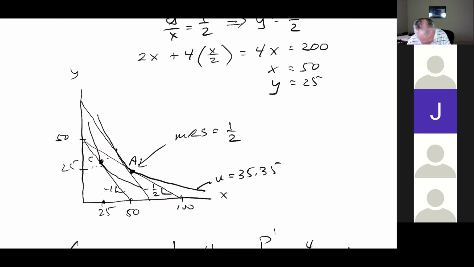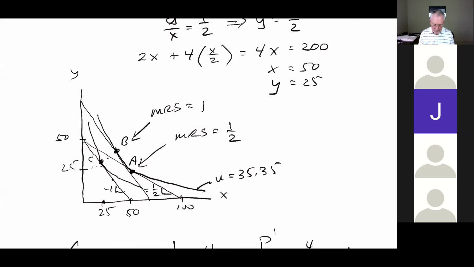And I find it right here. This is my point B. And at this point, I know that since that budget constraint line is just tangent to the indifference curve, this is where the marginal rate of substitution is equal to 1. It's the same slope. These two budget lines that generate points C and B have the same slope.